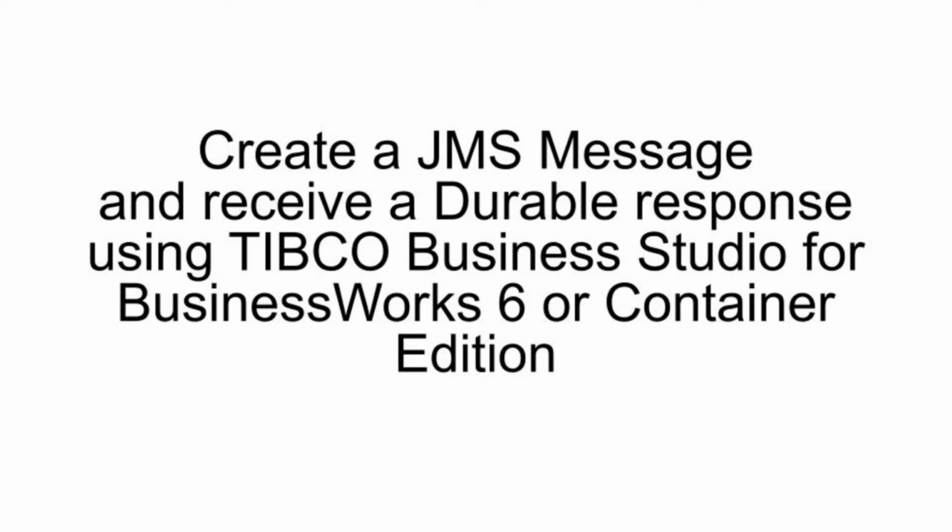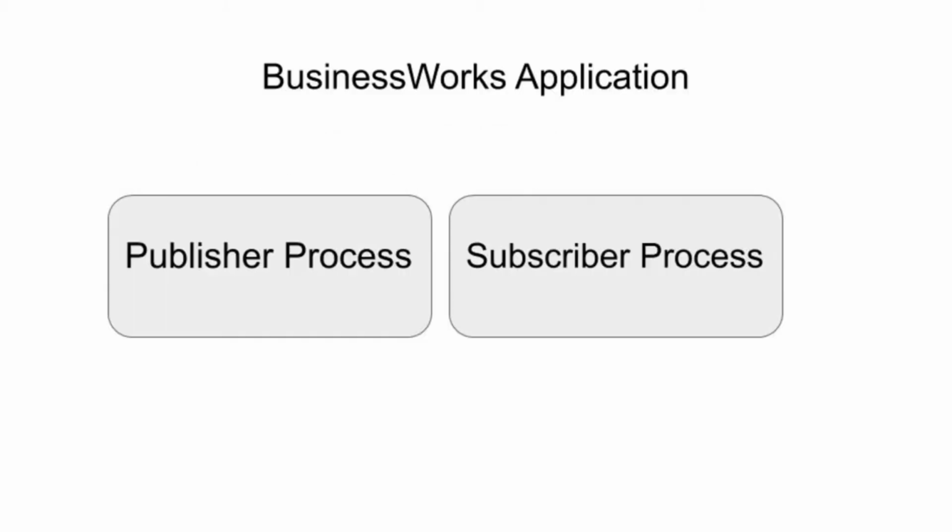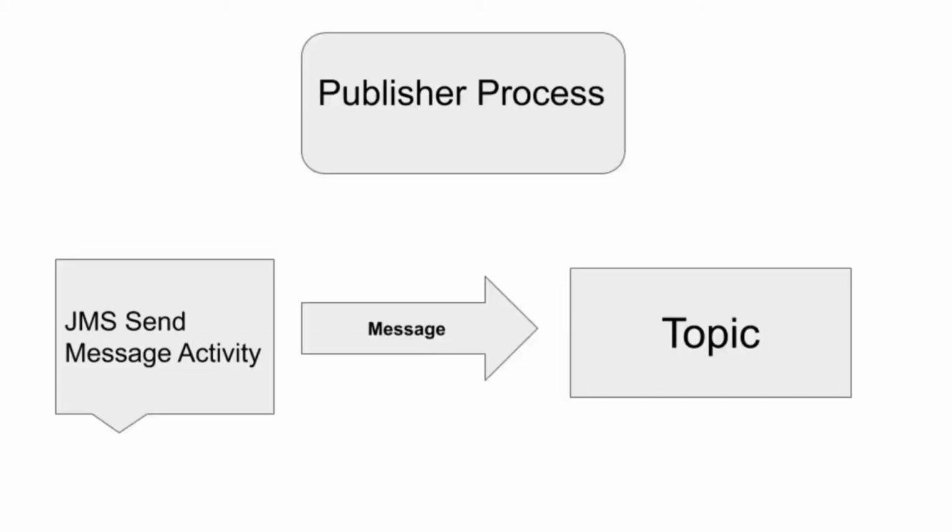In this video, I will demonstrate how to create a JMS message and receive a durable response using TIBCO Business Studio for BusinessWorks 6 or BusinessWorks Container Edition. You will create two BusinessWorks processes, a publisher process and a subscriber process. The publisher process has a JMS send message activity, which sends a message on a topic.